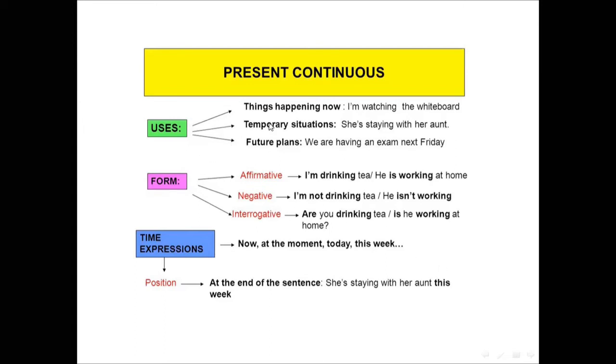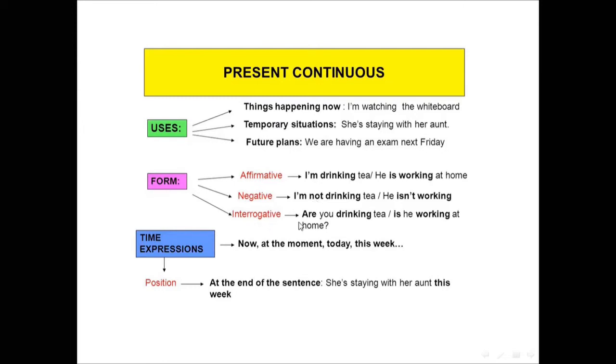Now we use it for things happening now, temporary actions, and future plans. إحنا حكينا نفسها الفيكس arrangement. The affirmative form: we use I plus am, is, are plus verb ing. Okay. Negative: we use am not, is not, aren't plus verb ing.